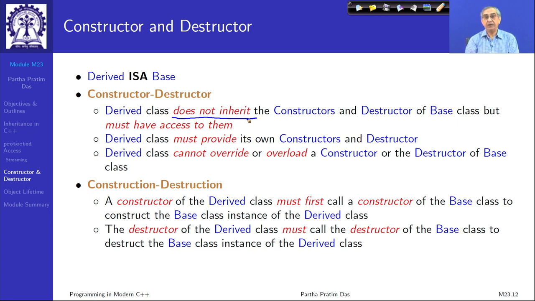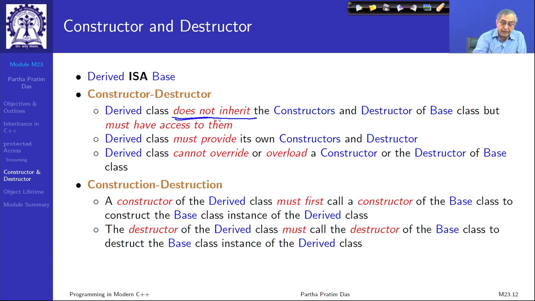In case of constructor, destructor, you do not inherit them, because they do not become your member functions. First of all, constructor is static, so it cannot be. But more importantly, both constructor and destructor are named by the class. So, base class constructor, destructor has no semantic meaning in the derived class.